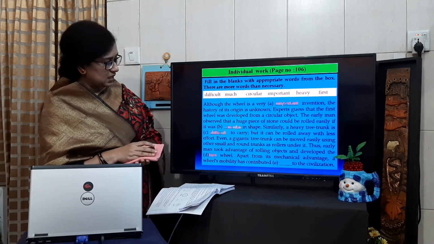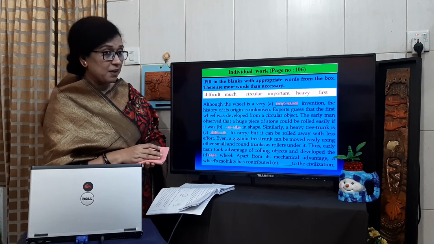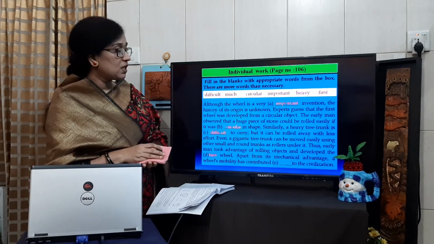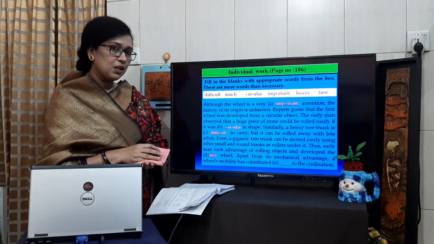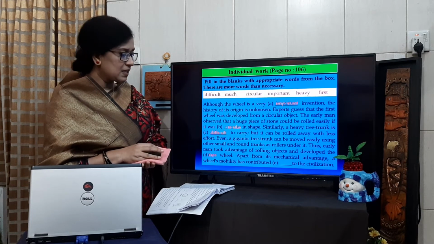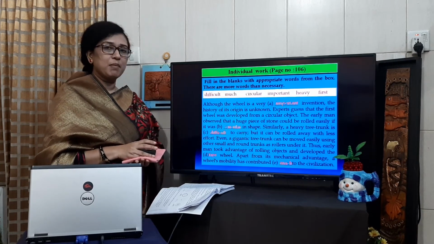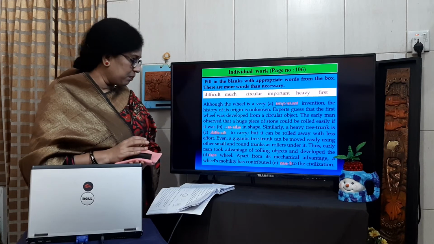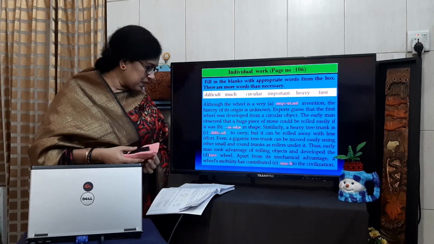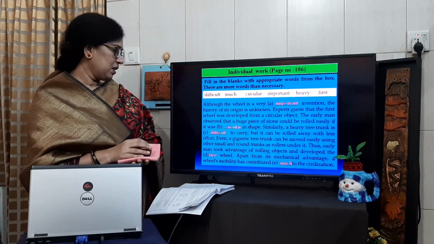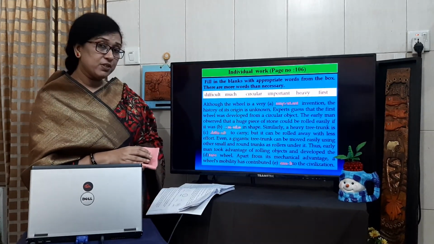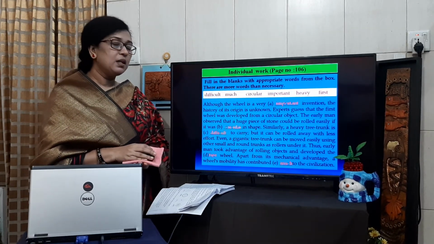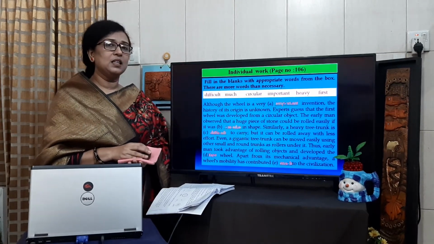So, we see that there are 5 gaps and 6 words. So, which one is left and which one is appropriate for this gap? Can you guess? Yes, I think so. And the last one is much. So, the first is important, second circular, C difficult, D first, and E much, and these are the answers.